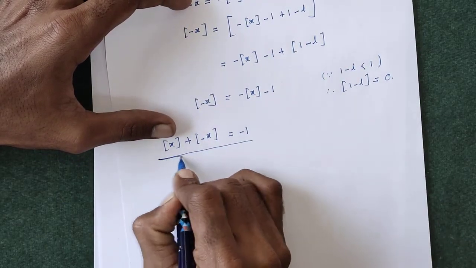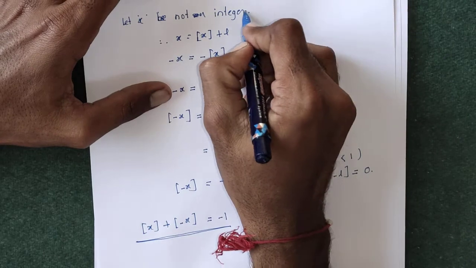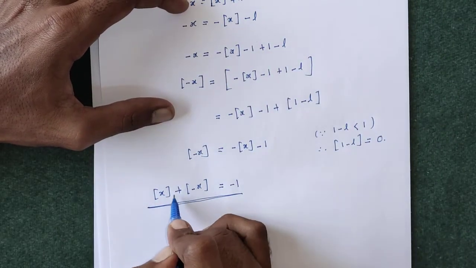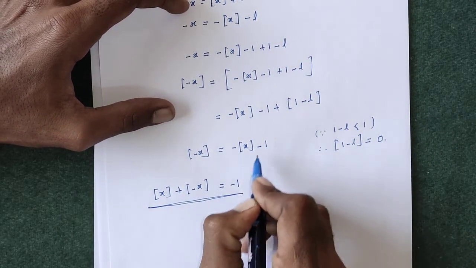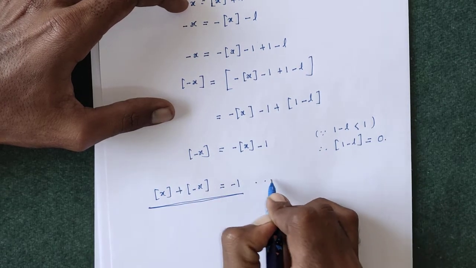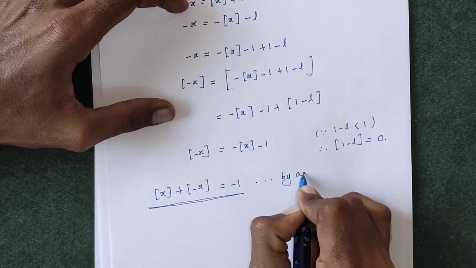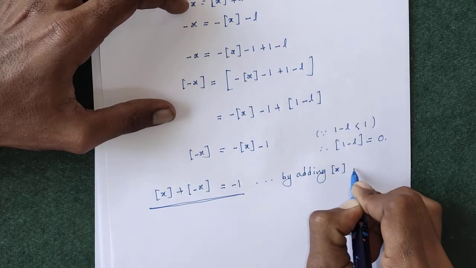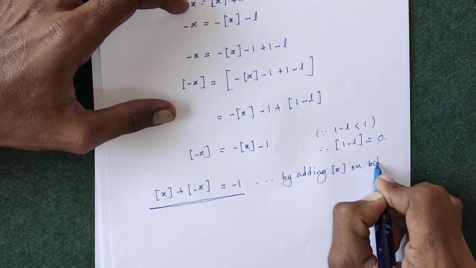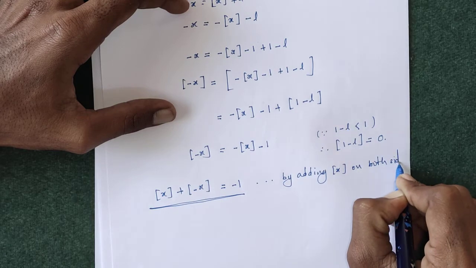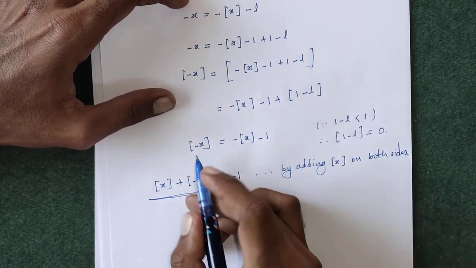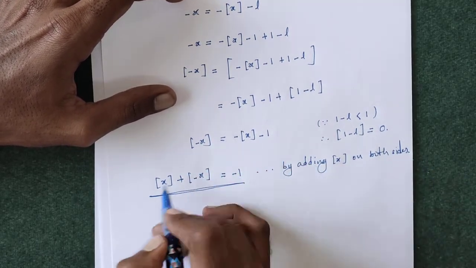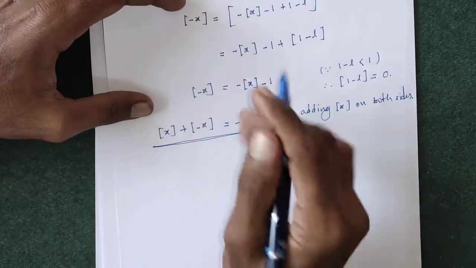Hence, if x is not an integer, then integral part of x plus integral part of minus x is equal to minus 1. This step is by adding integral part of x on both sides, we will get our required result. So first case is proved.